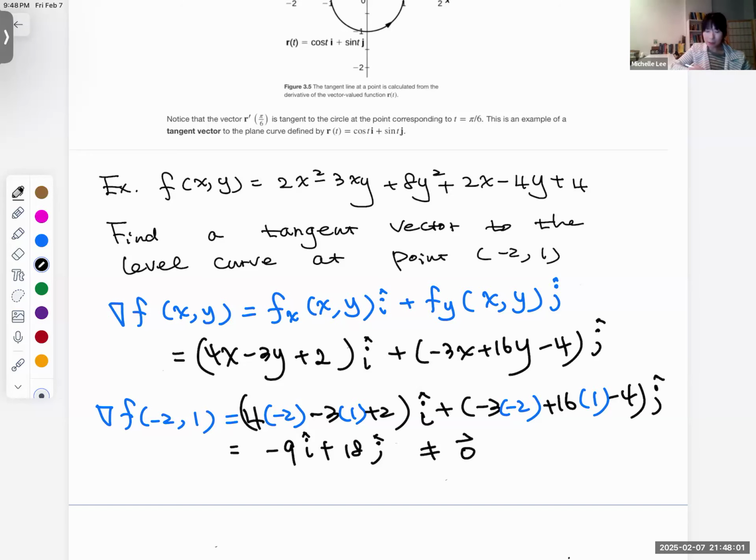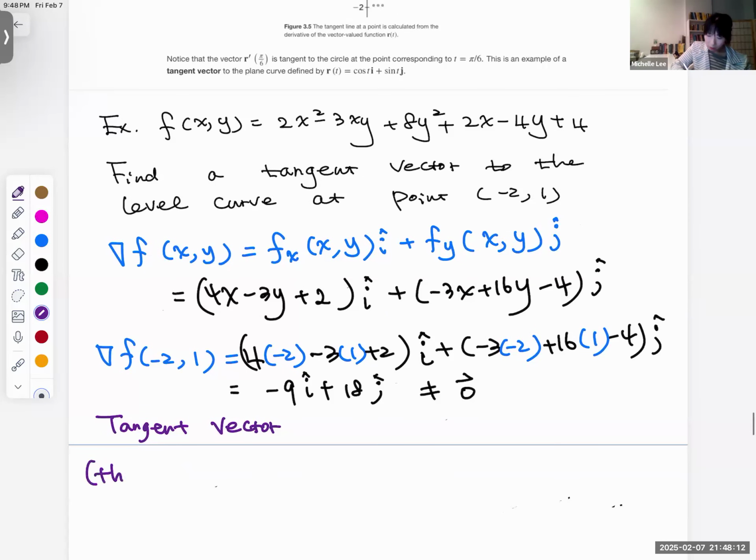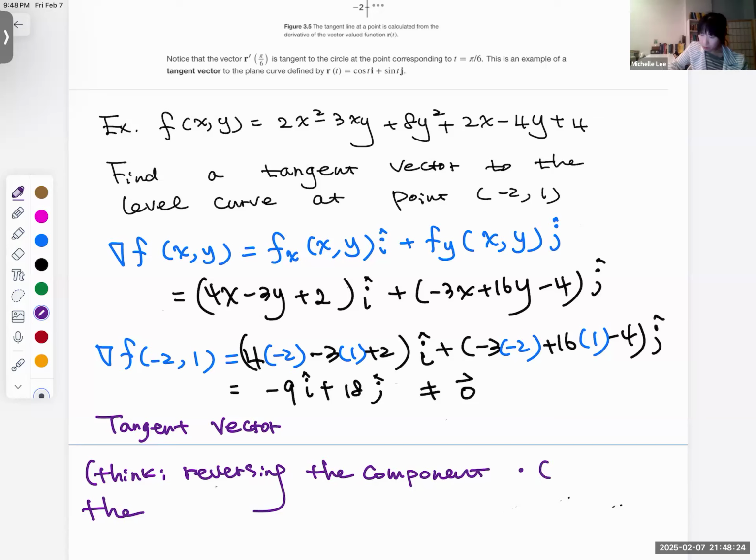Okay, so the tangent vector we can find by reversing the components and multiplying by -1, right? So that would be negative 18 i hat minus 9 j hat.